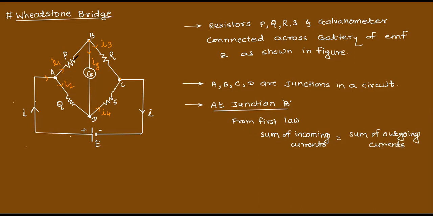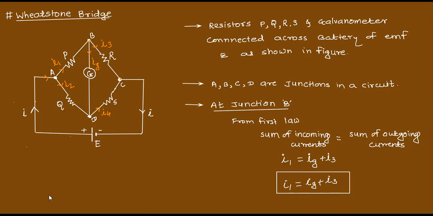Sum of incoming currents is what? I1 is coming. So I1 is equal to the sum of outgoing currents I3 and IG. So what we are getting is the first equation: I1 is equal to IG plus I3. You can keep it in a box and call it equation number 1.